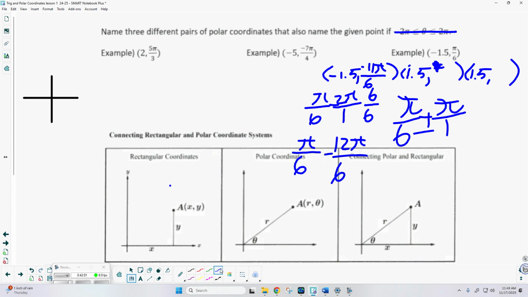So what's our common denominator? 6. Okay. So you multiply 6 with pi over 1. Do I add or subtract? So you're going to add and subtract. When you're changing the radius, you're going to both add and subtract pi. So this is going to be pi plus 6 pi over 6. There you go. So let me go ahead and erase this right here for you. So what's a pi plus 6 pi? 7 pi. Okay, so that'll be one of your points.